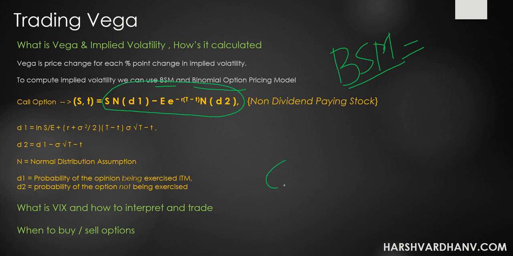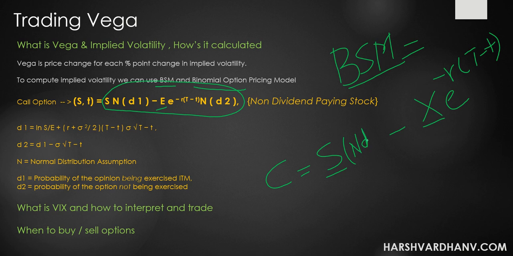What it actually means is that the value of a call option is the current stock price times N(d1), minus X, where X is the strike price, discounted at the risk free rate for the remaining period of time, times N(d2). There are two different variables over here, N(d1) and N(d2), and this is the formula for deriving the call option price using the Black-Scholes model.